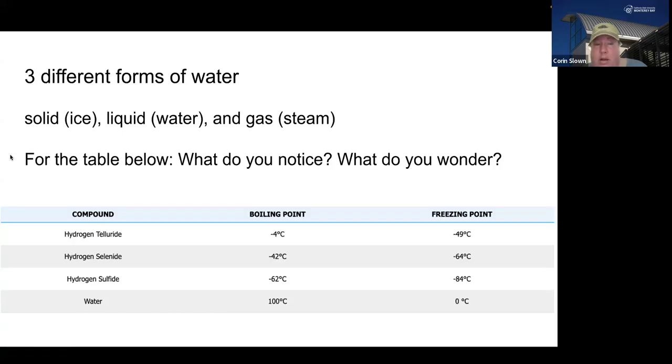This might require looking at a periodic table, but if we think about water and its composition as H2O and then H2S, let's just do a comparison between water and H2S. So water has a boiling point of 100 degrees Celsius. What about hydrogen sulfide?